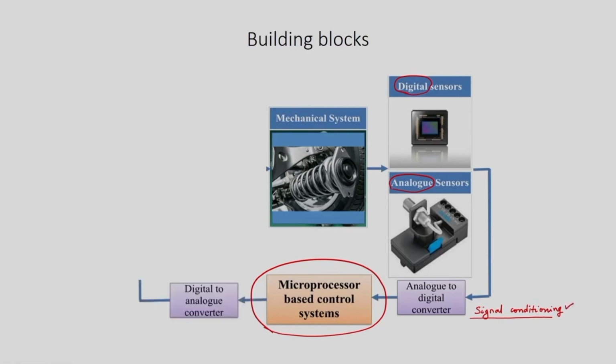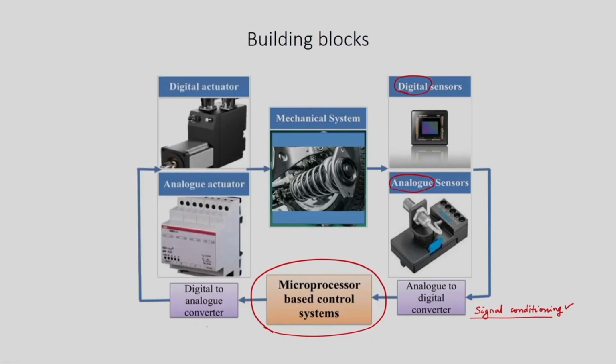Then the microprocessor gives signals to the actuators through a set of signal conditioning devices. As we know, microprocessors produce a series of pulses, and based on that series of pulses we have to actuate the actuators.